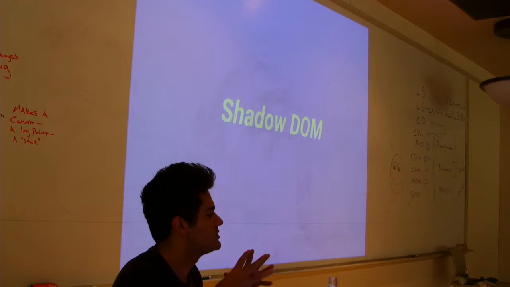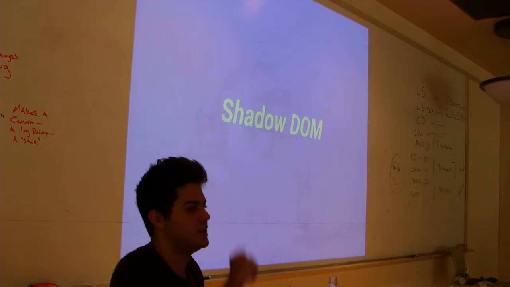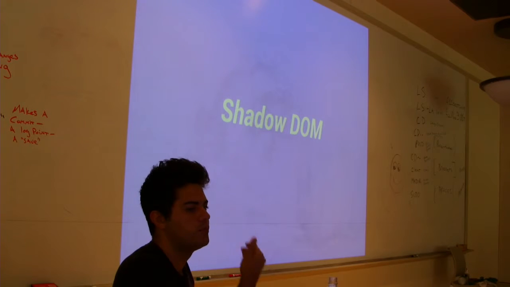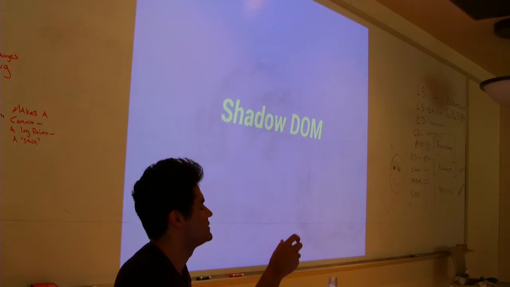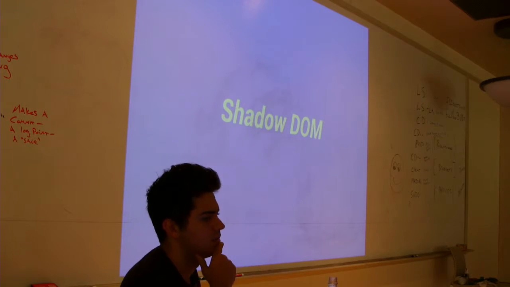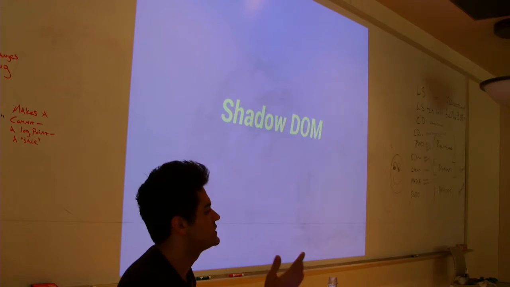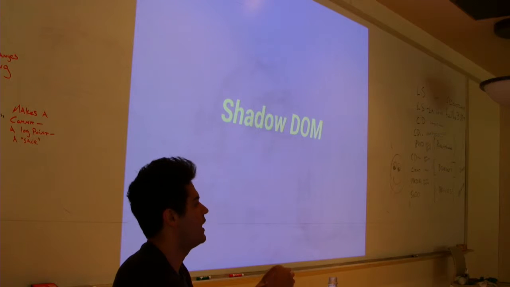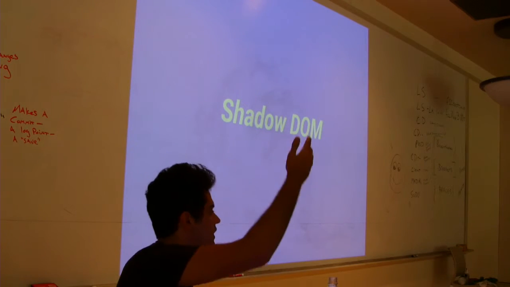But how can we encapsulate that in a way that doesn't leak to other pages? Like we saw in Bootstrap, they're putting style within this btn class. So if I create a new element, and inside of that element I have a btn class, I'm going to inherit the CSS that was defined on my document.